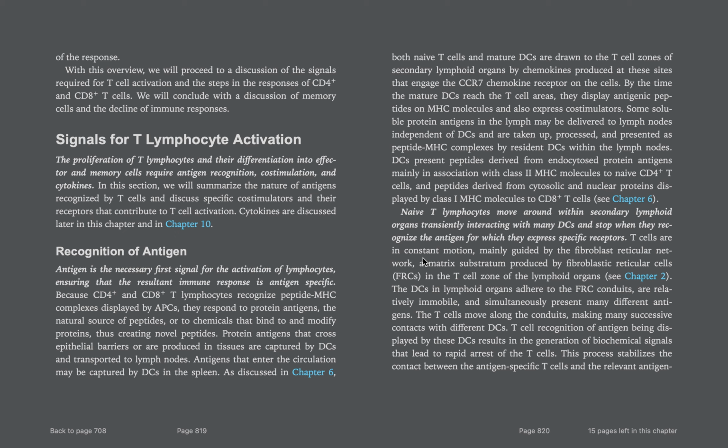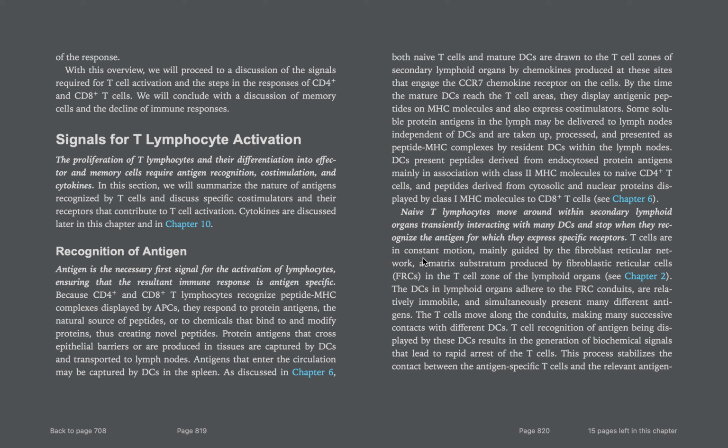By the time the mature dendritic cells reach the T cell area, they display antigenic peptide on the MHC molecule and also express costimulators. Some soluble protein antigen in the lymph node may be delivered to lymph nodes independent of dendritic cells and is taken up, processed, and presented as peptide-MHC complex by resident dendritic cells within the lymph nodes.